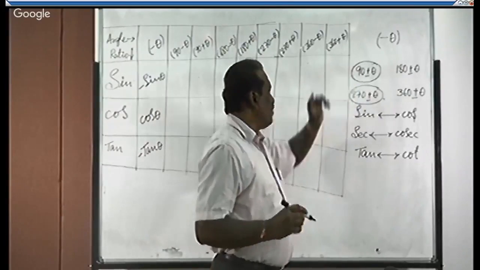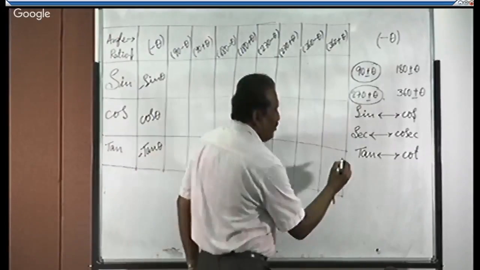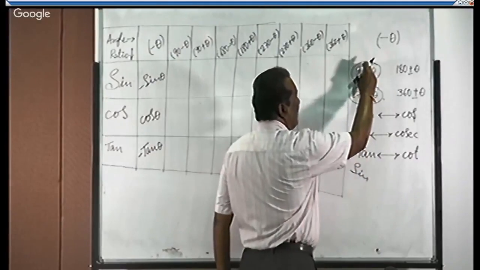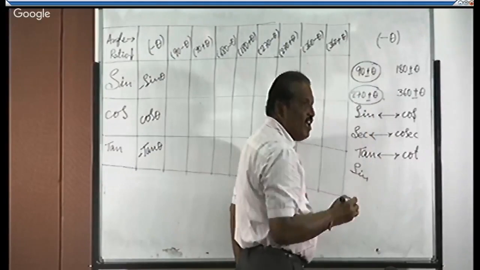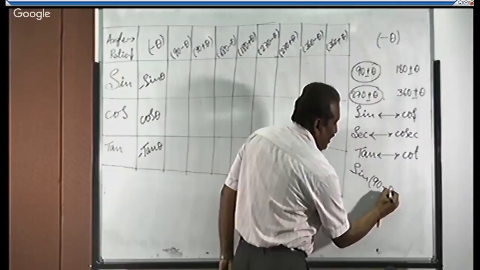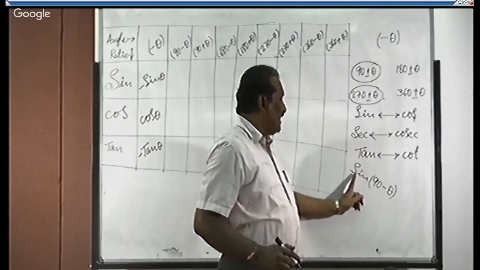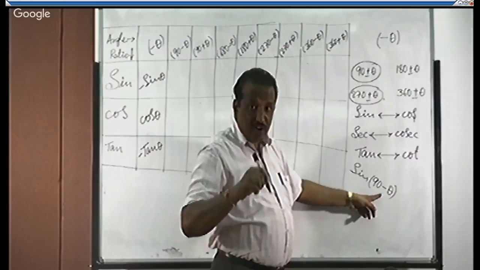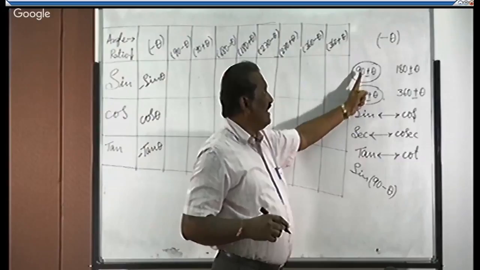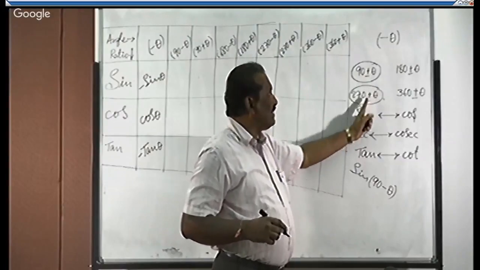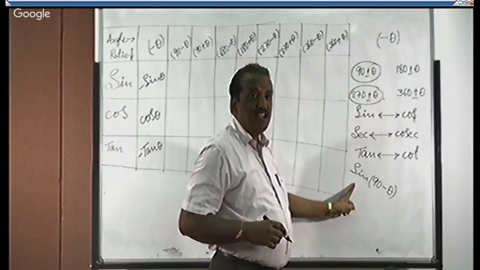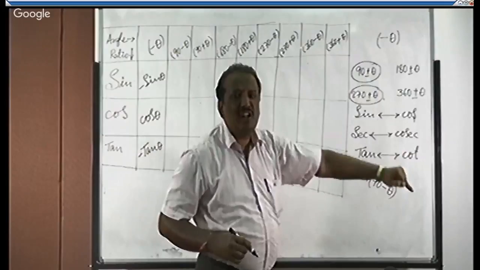Suppose you are going to connect the sine function for 90 minus theta, 90 plus theta, 270 minus theta, or 270 plus theta. I will take 90 minus theta. According to our convention, whenever we connect any trigonometric function for angles of the type 90 plus or minus theta or 270 plus or minus theta, whatever trigonometric function is on the left hand side, write its co-function on the right hand side.